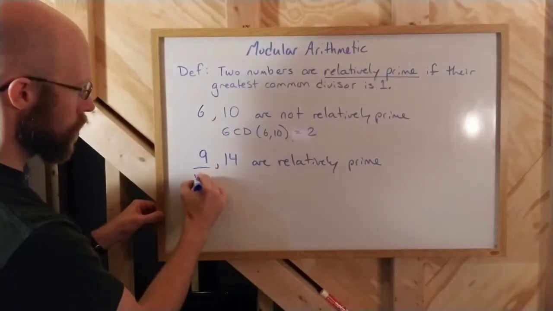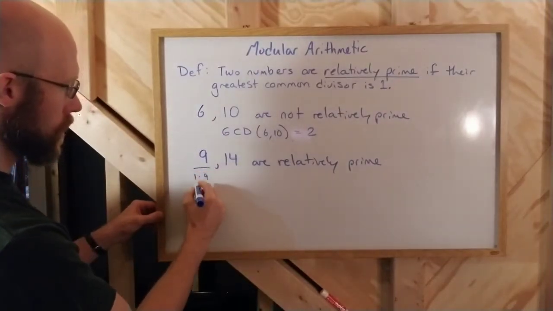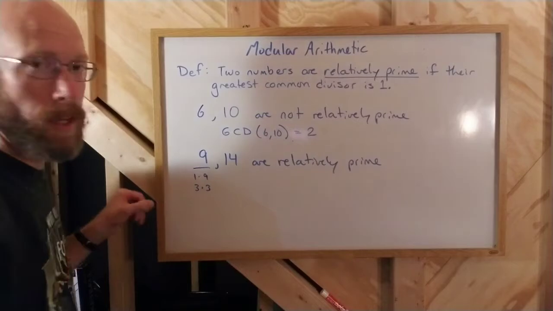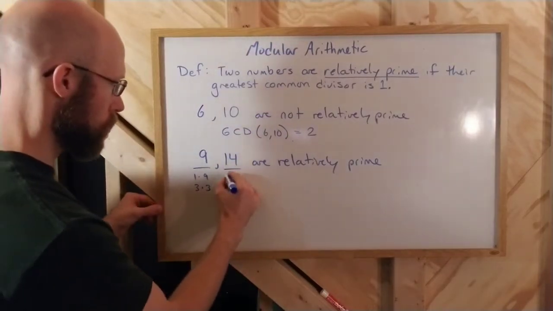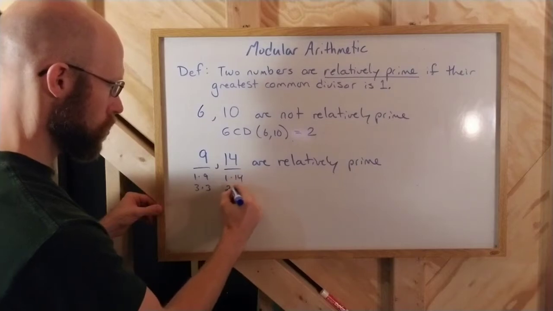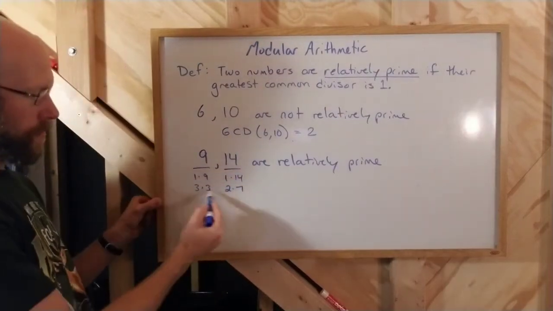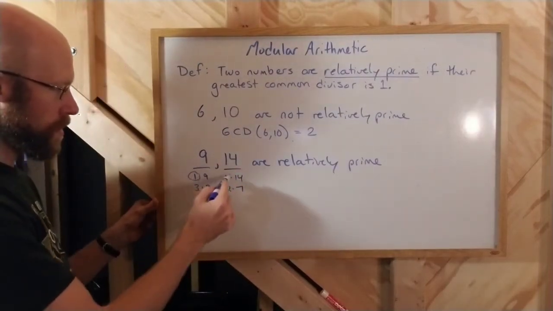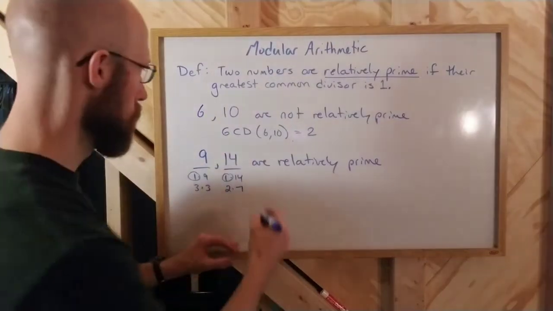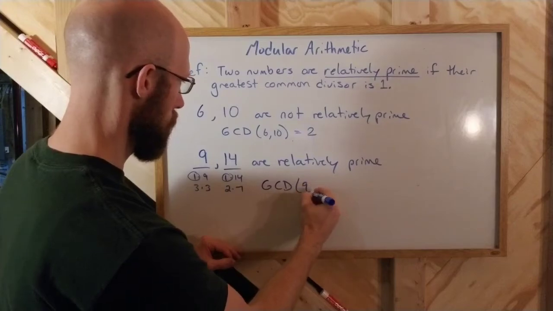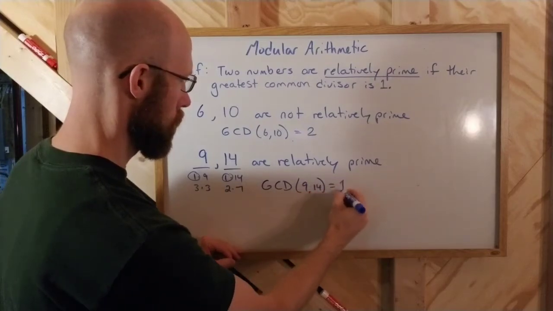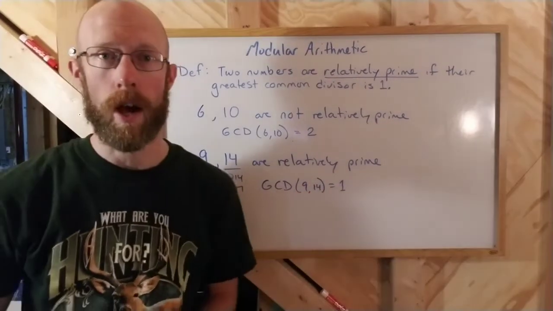Factors of 9 are 1 and 9, 3 and 3, right? That's all of the divisors. The divisors of 14 are 1 and 14, 2 and 7. Out of this whole list, the only thing common is the number 1, so the GCD for 9 and 14 is 1. Therefore, they are relatively prime.